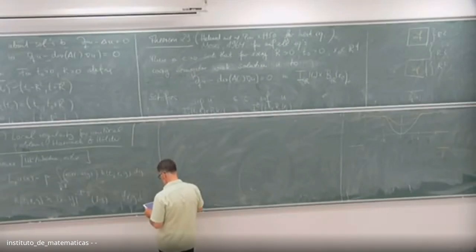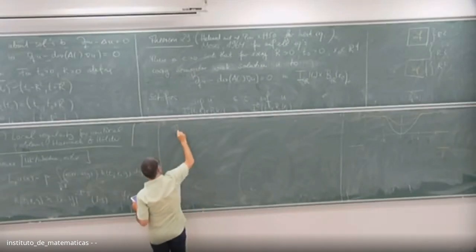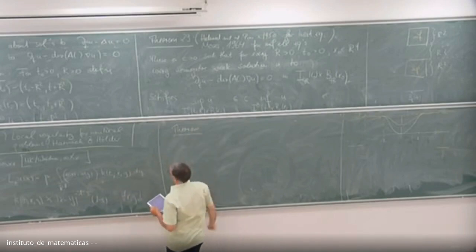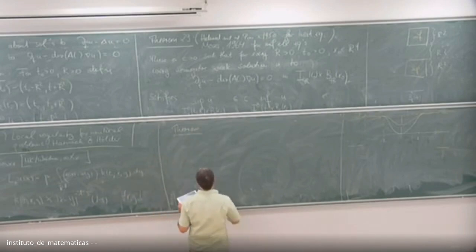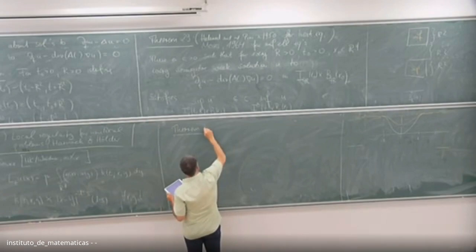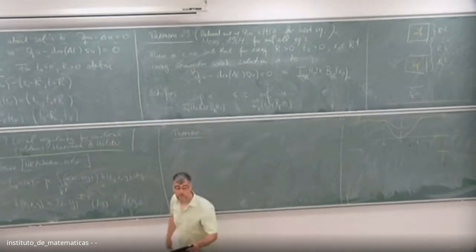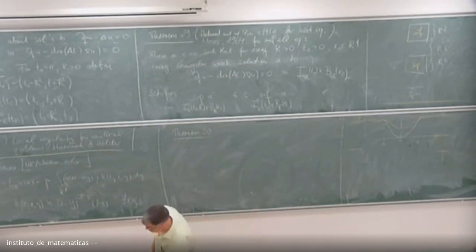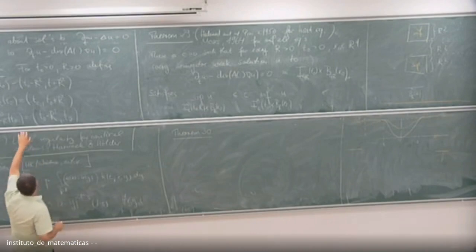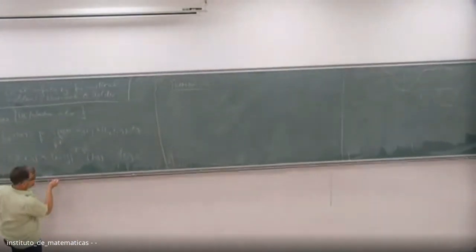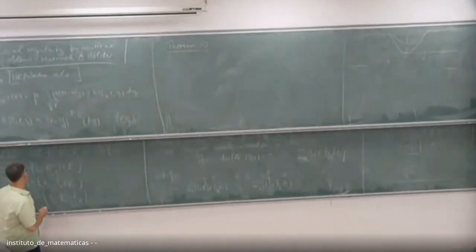And then we can prove the theorem. Now we have a different scaling. I told you that the r squared was because of the parabolic scaling of the heat equation. Now we have to change that.